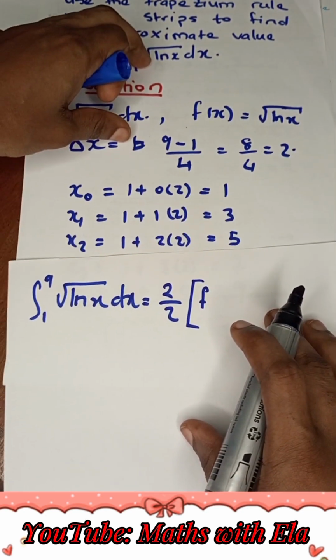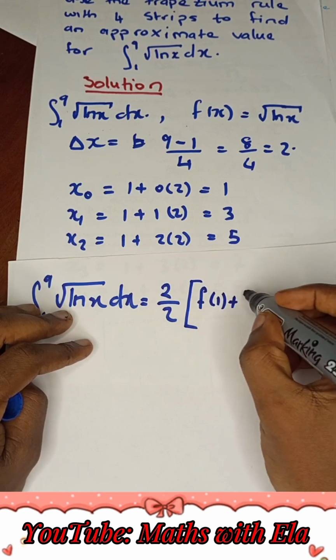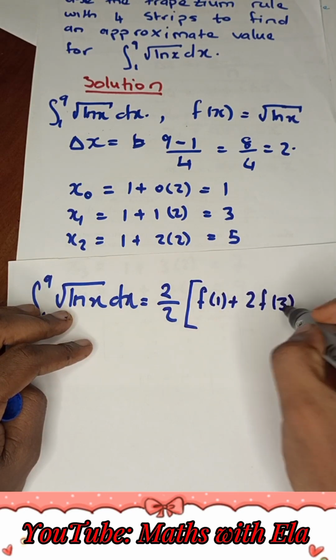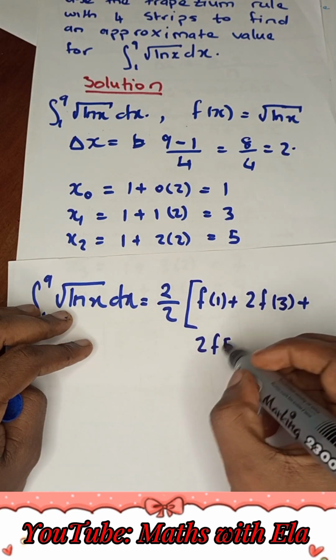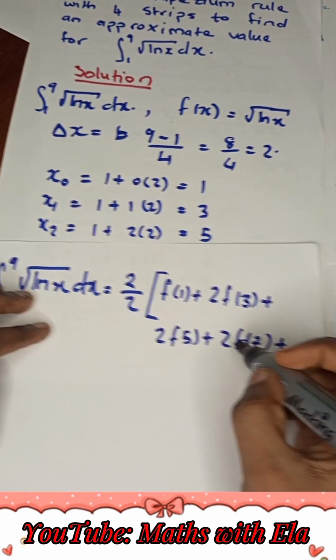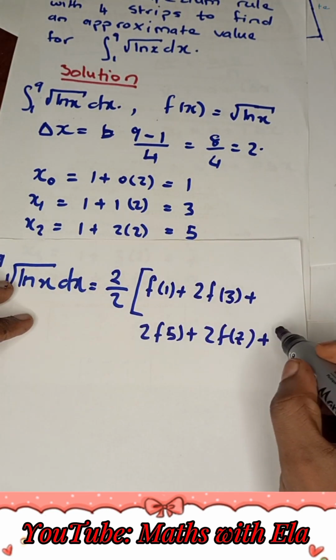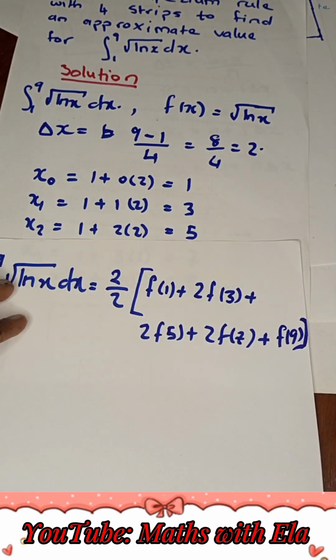Our x naught we obtained as 1, so this will be f of 1 plus 2 f of 3 plus 2 f of 5 plus 2 f of 7 plus the last term doesn't have a 2, so we have just f of 9. And we close our square bracket.